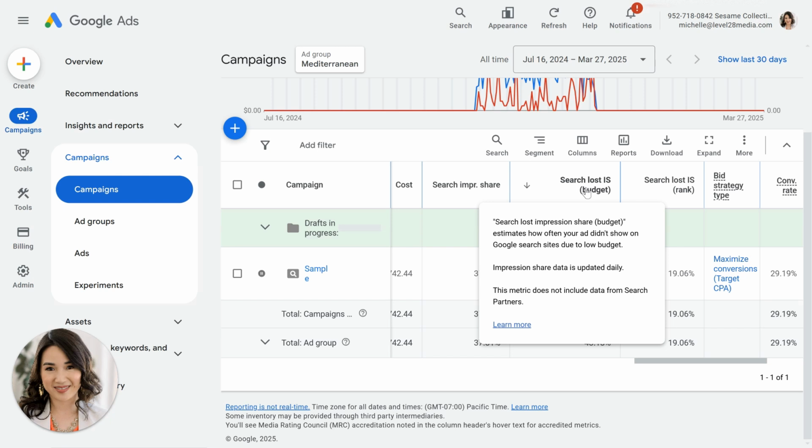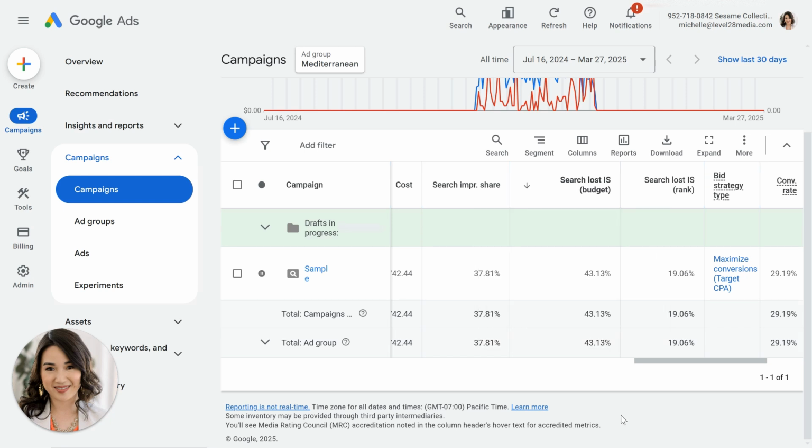What exactly is that? That shows us how often our ads didn't show on the Google search sites due to a low budget. If you have search lost impression share above 1%, you've got room to potentially spend more budget because your budget is capping out.